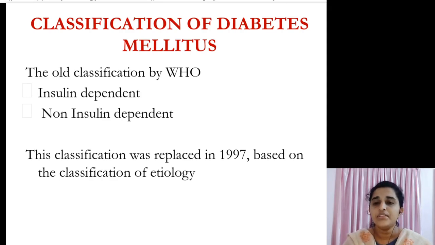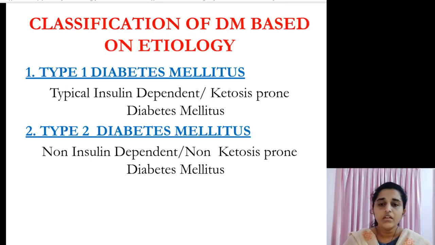Now we are going to see about the classification of diabetes mellitus. We all know the WHO's classification of diabetes mellitus, that is insulin dependent and non-insulin dependent. But this is the old classification, and it was replaced in 1997. Now the classification of diabetes mellitus is mainly based on etiology.